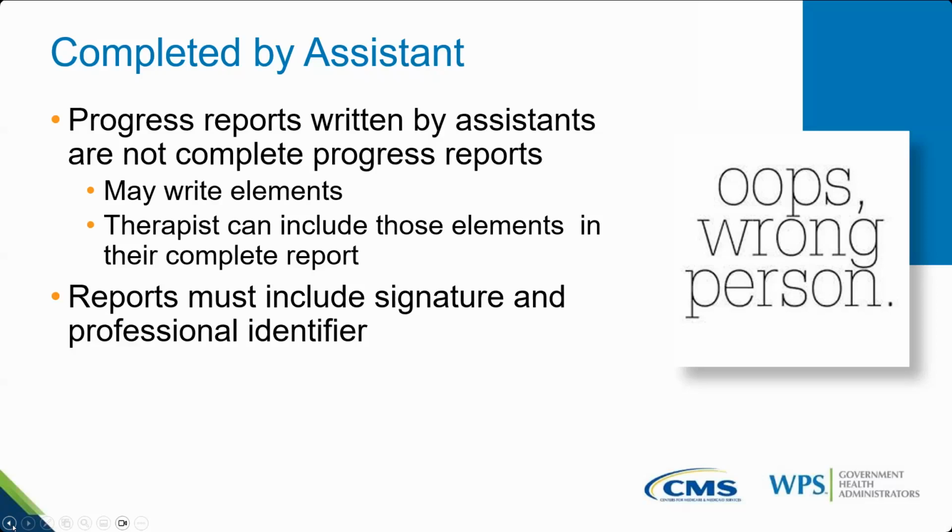And if they can't, then probably your review entity cannot either. And so again, I highly suggest that you change maybe how you're documenting that, and maybe that if the assistant is giving you additional information to include in your progress report, it goes into a different part of the chart that your therapist can look at and incorporate.